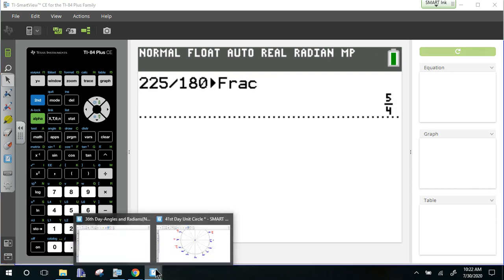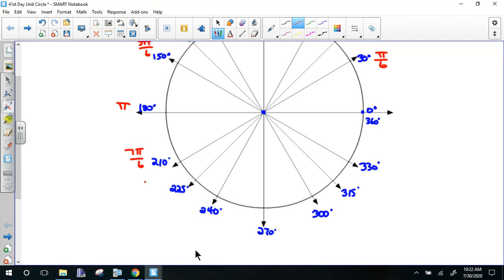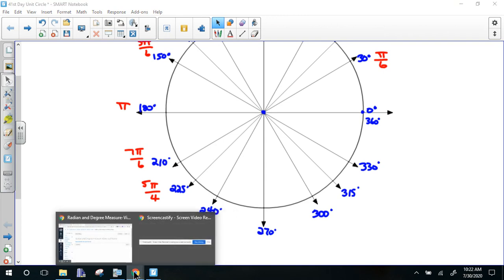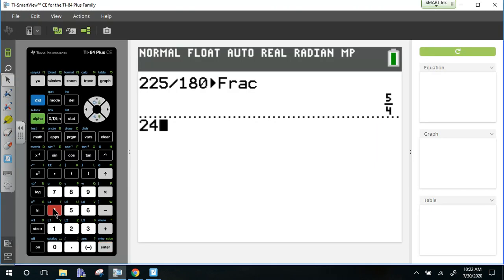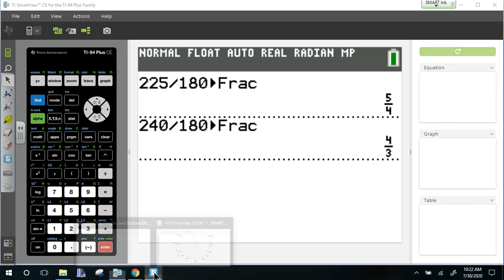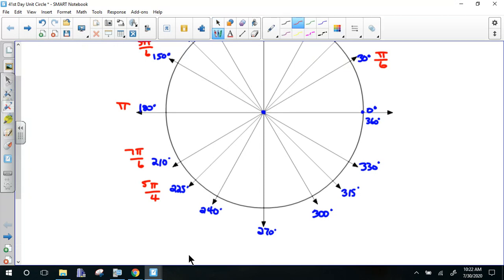Get 5 over 4. So that's 5 pi over 4. 240 divided by 180. Math, enter. Is 4 pi over 3. And then we got 270, that's down here, that's 1.5 pi, so that's 3 pi over 2.